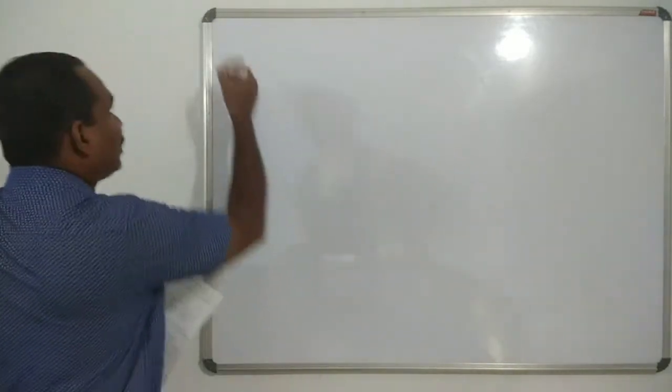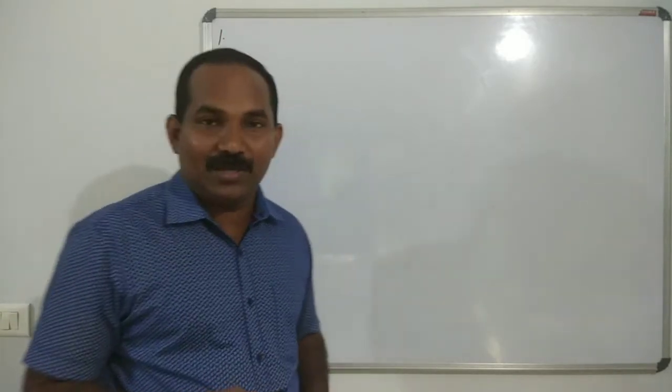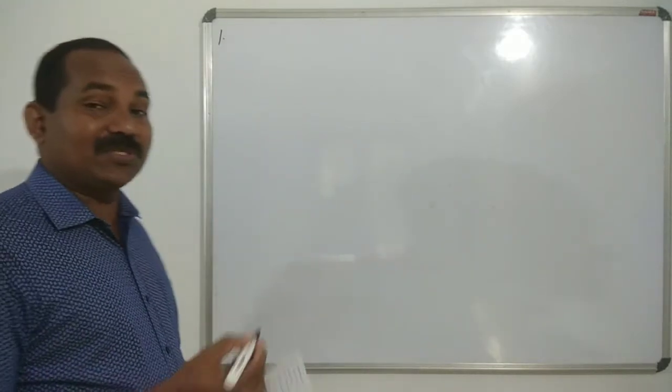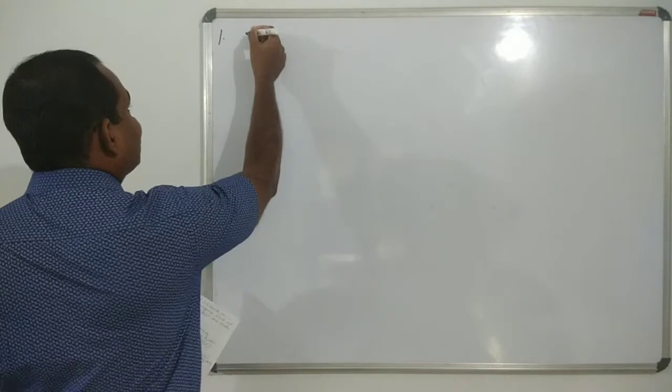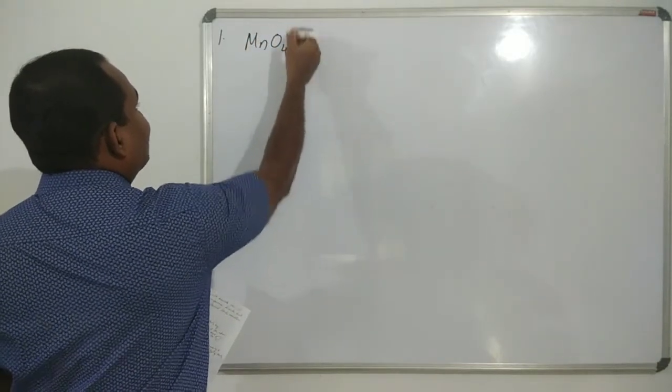What is the first step? Write the skeletal equation. Balancing of a chemical equation is very easy. You just remember the steps involved in the balancing. First one is write the skeletal equation.